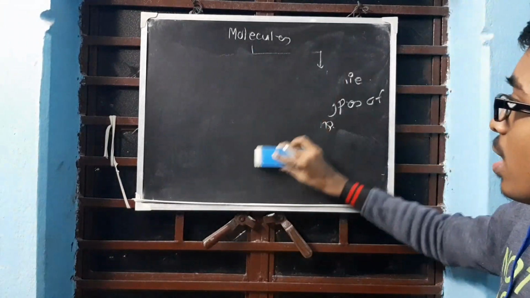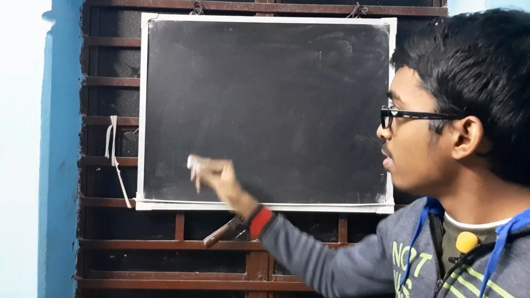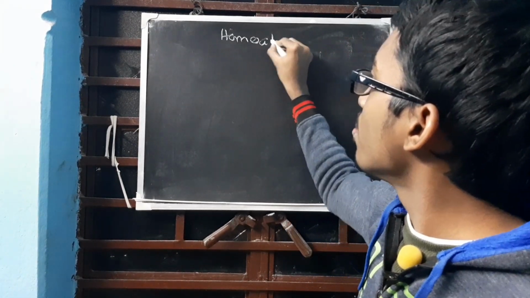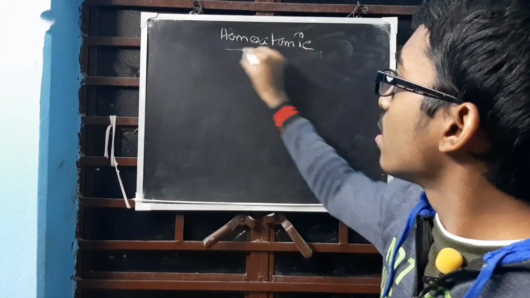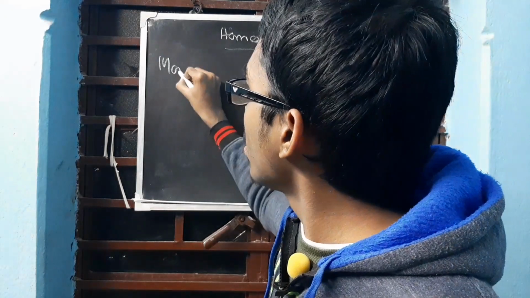Now let us move on one by one. First let us come to homoatomic, that means same type of atoms. First one, monoatomic.